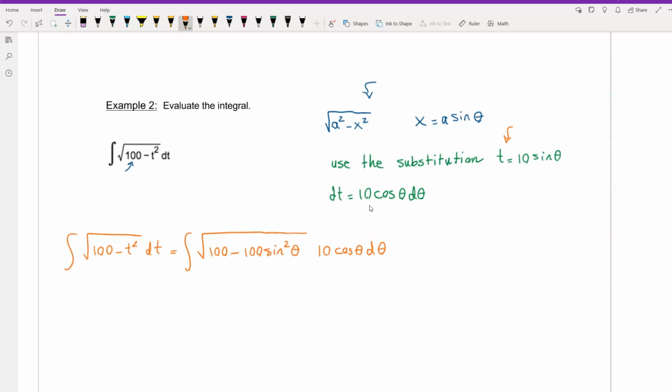This is equal to the integral of square root of 100 minus, instead of t, here I'm using 10 sine theta. So t squared is equal to 100 sine squared. And then here on this part, multiply by dt, and that is equal to 10 cosine theta d theta.